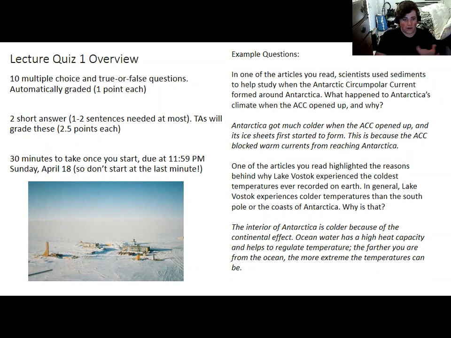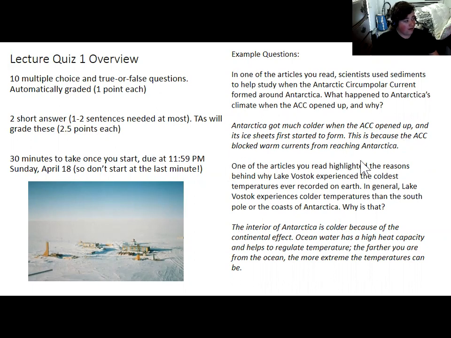So, for example, I have a question about the article that was definitely the more dense of the two, but I mostly reference the fact that, but the question is more about what happened to Antarctica's climate when the ACC opened up. And you don't necessarily need to know when precisely that happened. I've alluded to it, but it's something I'll talk about more with the Earth history of Antarctica. But it's important because the ACC blocks warm currents from reaching Antarctica, and that's about when Antarctica's ice sheets formed.